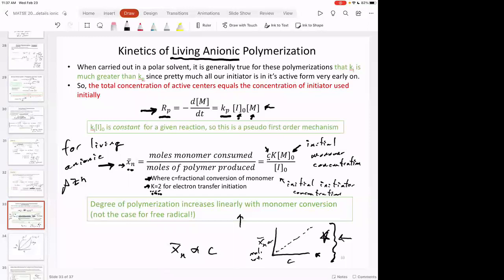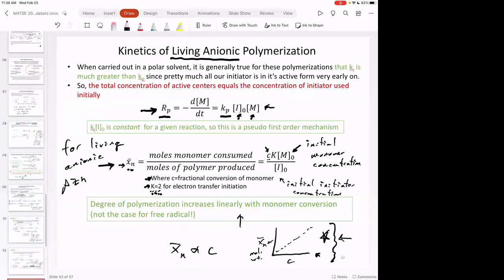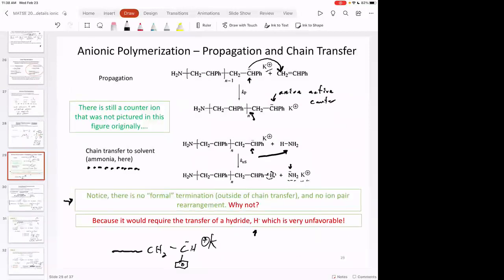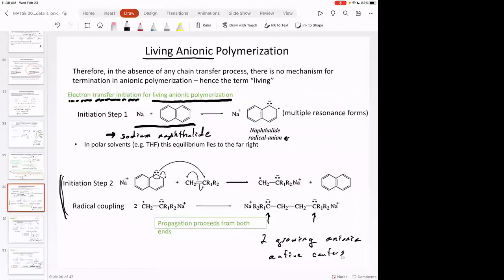So my advice is that there are some key hints for living anionic polymerization, and the key hint is sodium naphthalide or electron transfer initiation, or I just tell you it's living. Do living polymerizations have a termination step?